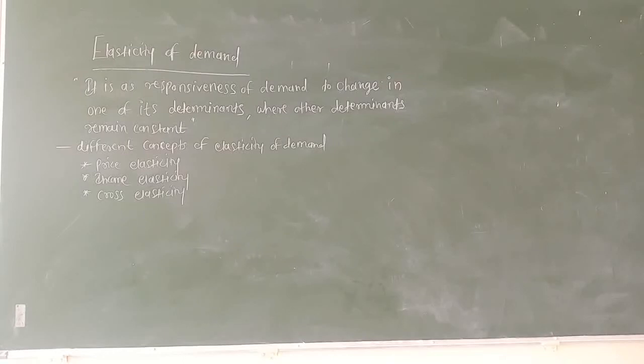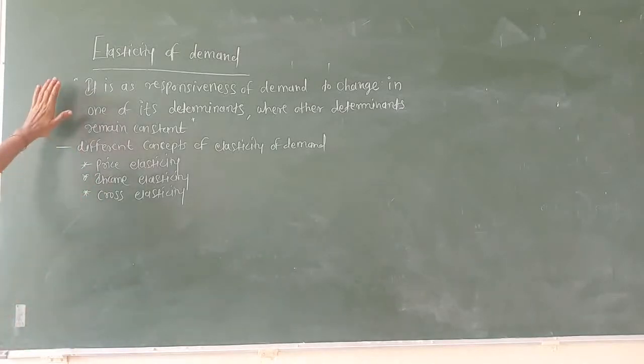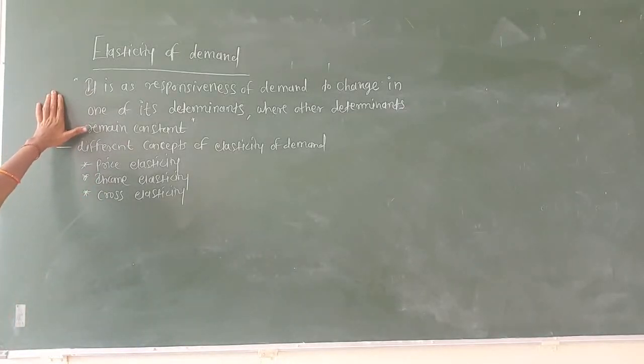So to understand the quantitative changes, or the rate of change, in price and quantity demanded, we have to study the concept of the elasticity of demand. Then what is the elasticity of demand?